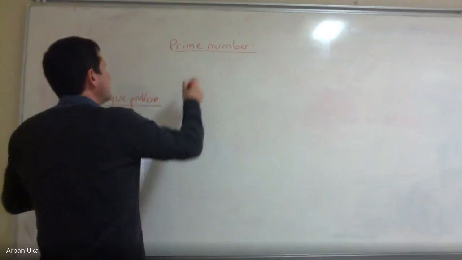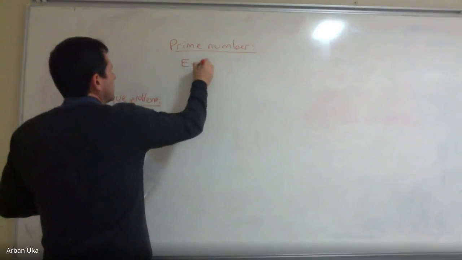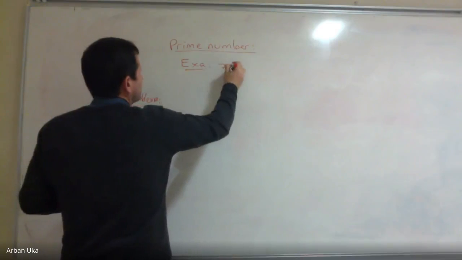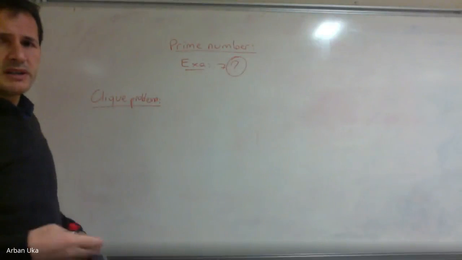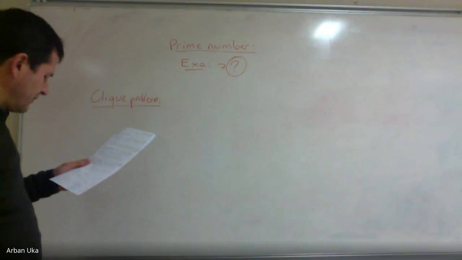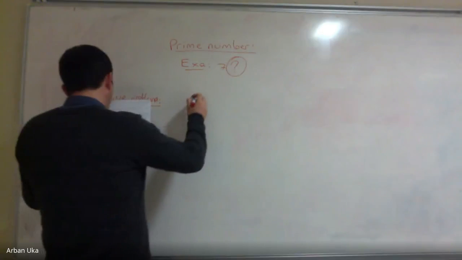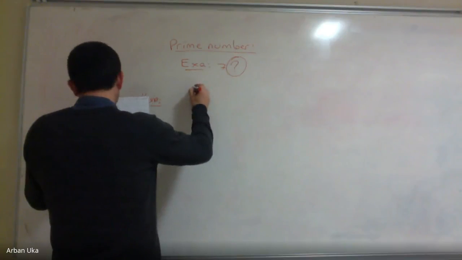So, for example, you want to figure out whether 7 is a prime number. This is the question. In order to do this, we start by dividing by all the prime numbers that we have on the list. Rather than doing this, one can try the following.